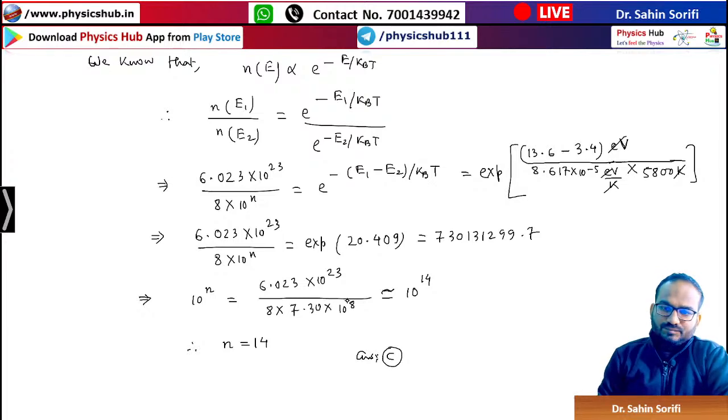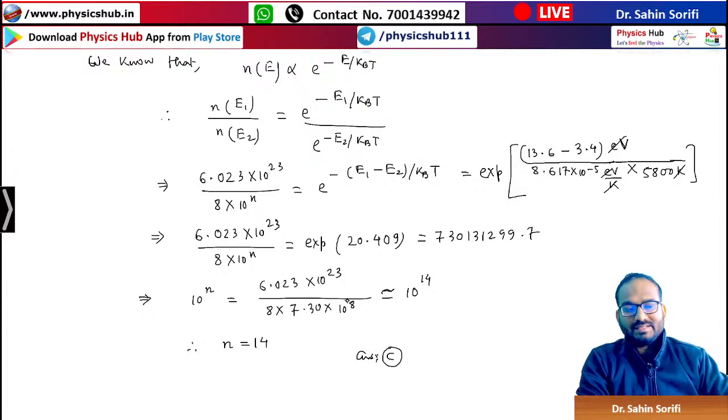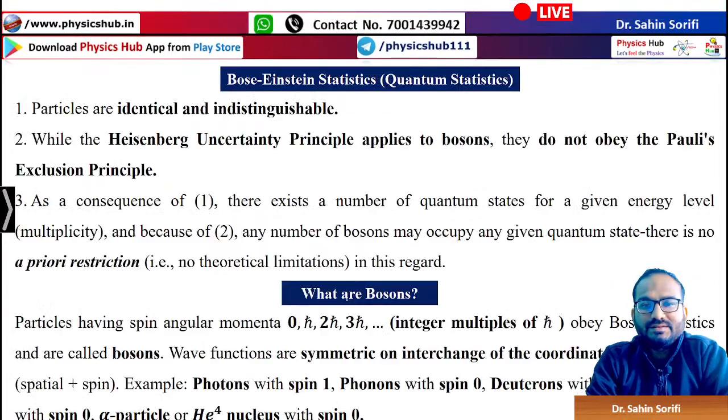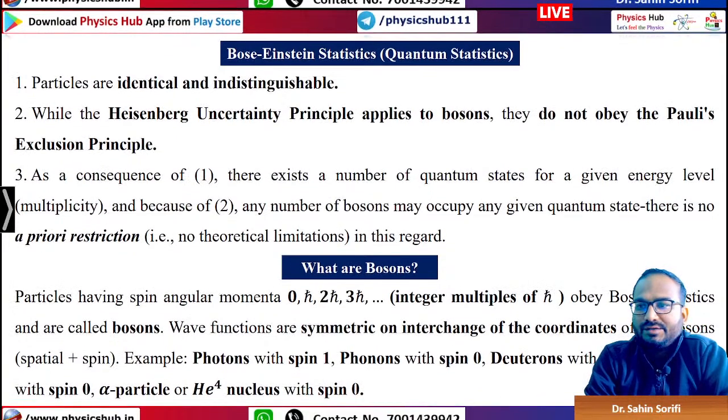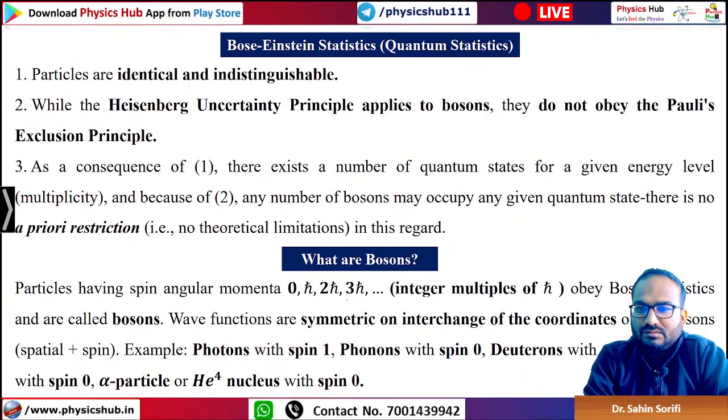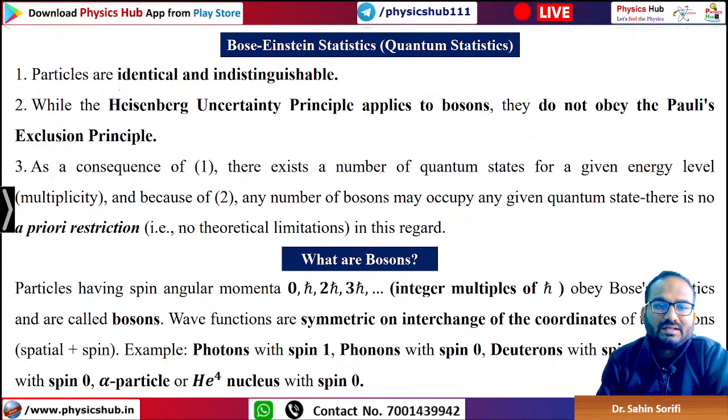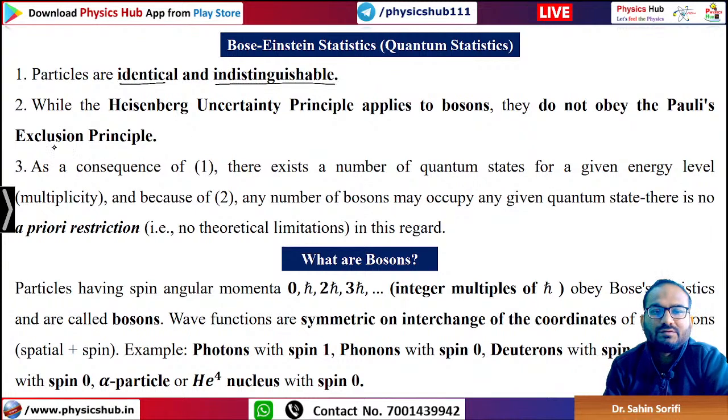Okay, let's go to the next statistics, Bose-Einstein statistics. Here there will be no restriction imposed by Pauli, but the Heisenberg uncertainty principle will be applied, because bosons are quantum mechanical particles. Here particles are identical, indistinguishable. While the Heisenberg uncertainty principle applies to bosons, they will not obey Pauli's exclusion principle.